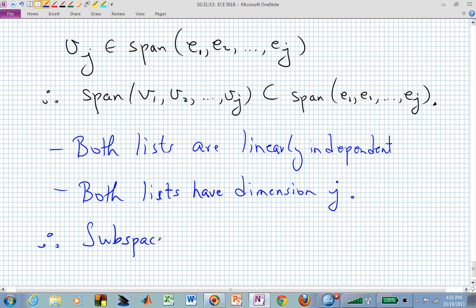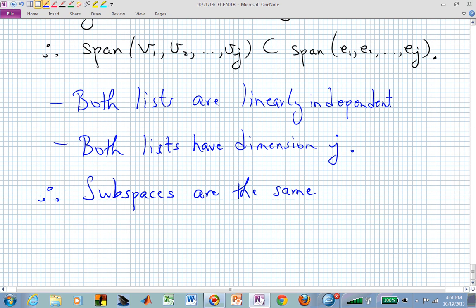Which means that since the span of those two are consistent and they have the same dimension, then those subspaces are the same. And we can then say that those spans are in fact equal.